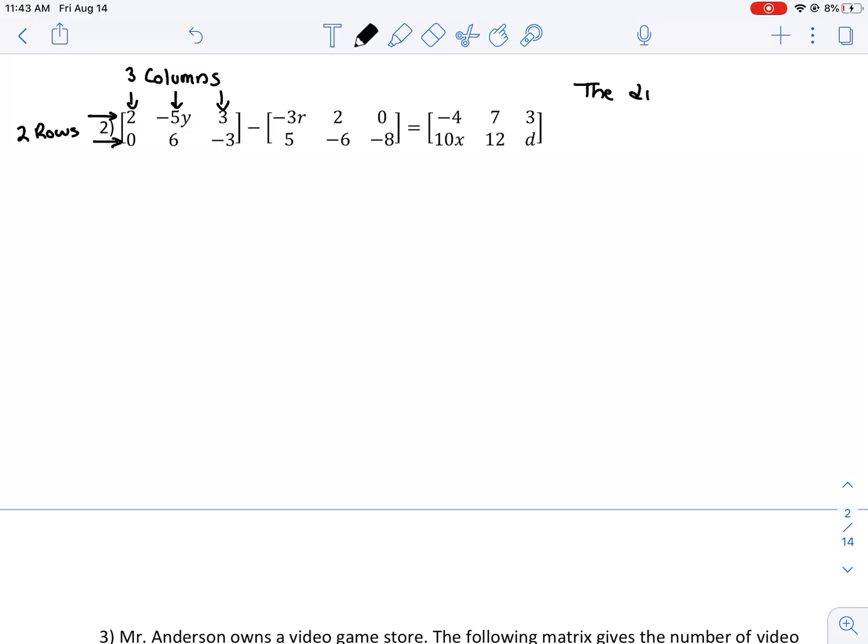So the dimensions for each matrix is 2 by 3. And since each matrix has the same dimension, we can go ahead and subtract the 2 matrices.